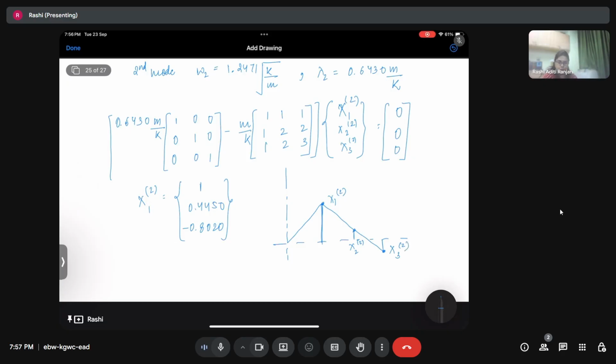This is the second mode shape, which means for a displacement of x1, okay, this should be multiplied with x1 of 2 actually, and this should be x2.